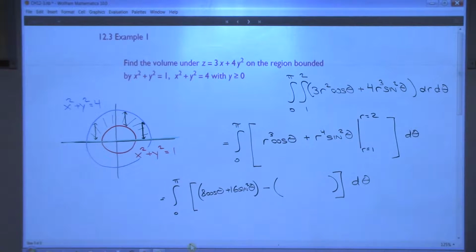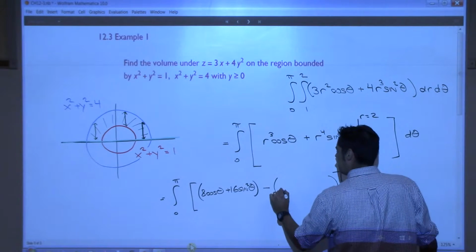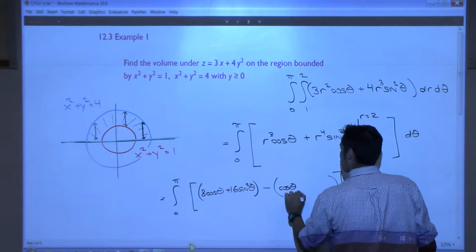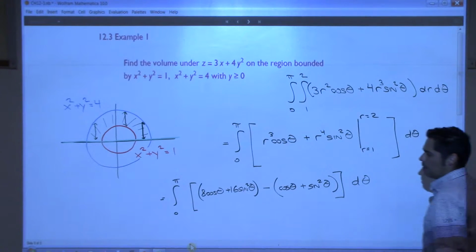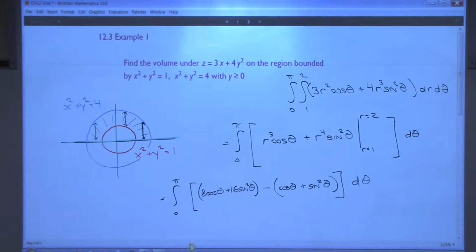And then when we plug in 1, we get cosine theta plus sine squared theta. And now we can clean that up.